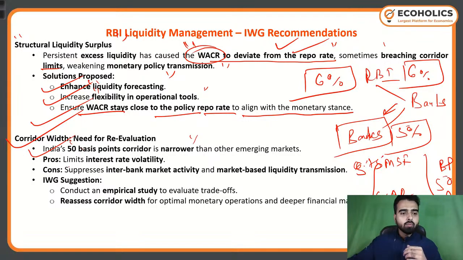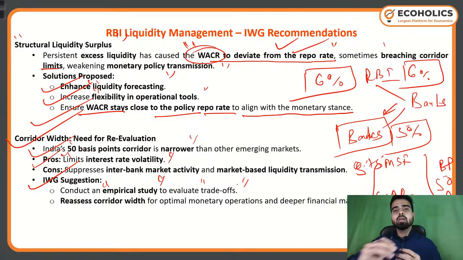The pro is that it limits interest rate volatility. What the IWG, this committee, suggested is to conduct an empirical study, see the past years' experiences, collect data from there, and then evaluate the trade-off. Trade-off means the impact you are having on your trade because of this narrower policy corridor.